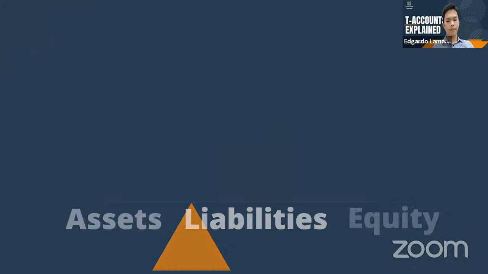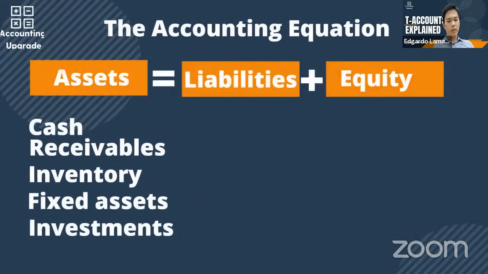Now let's understand how the accounting equation really works. What are assets? As you know, assets are resources controlled by the entity, which may be cash, receivables, inventory, fixed assets, investments, and many more.